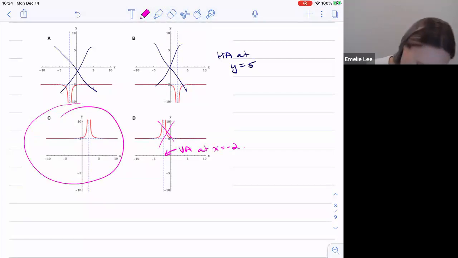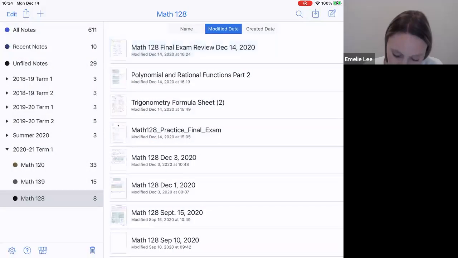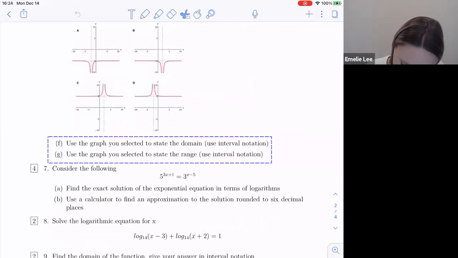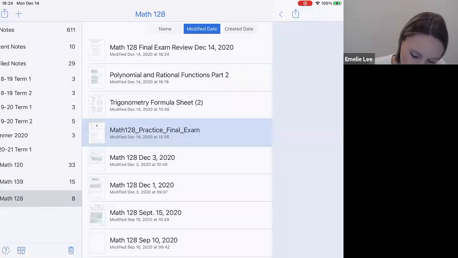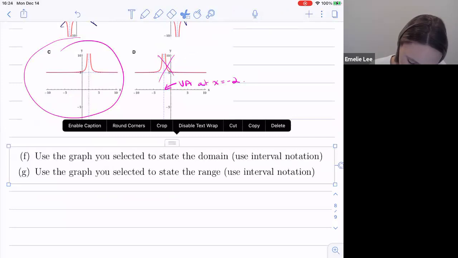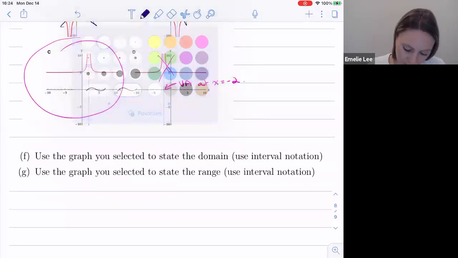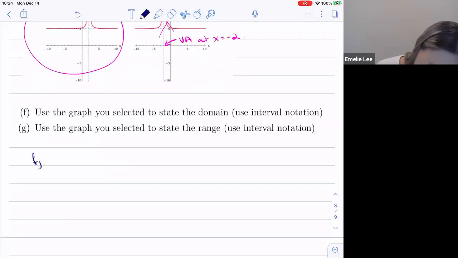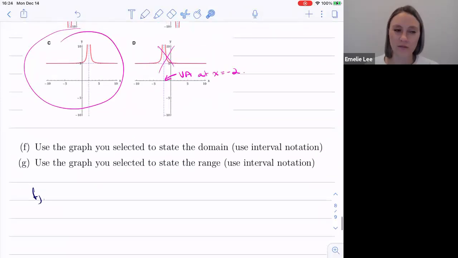But wait, there's more. Domain and range. I just want you to use the graph to figure out the domain and range, in interval notation. The domain is all the possible x values.